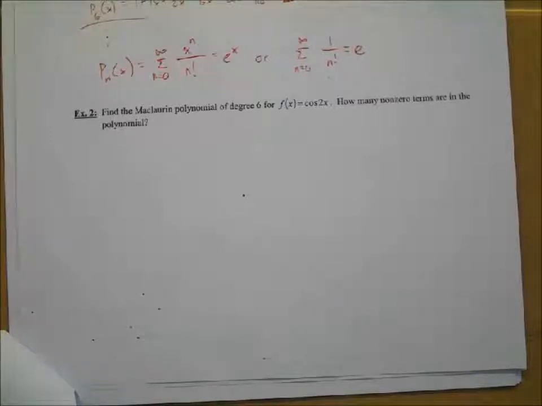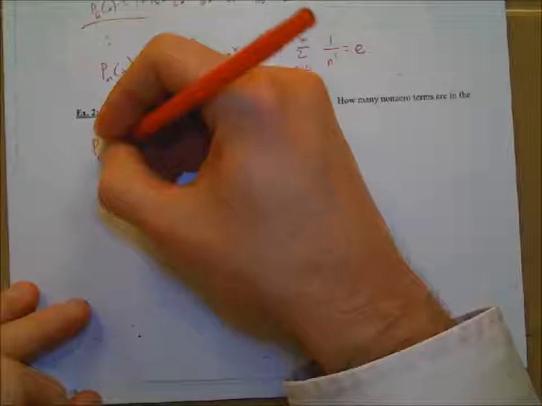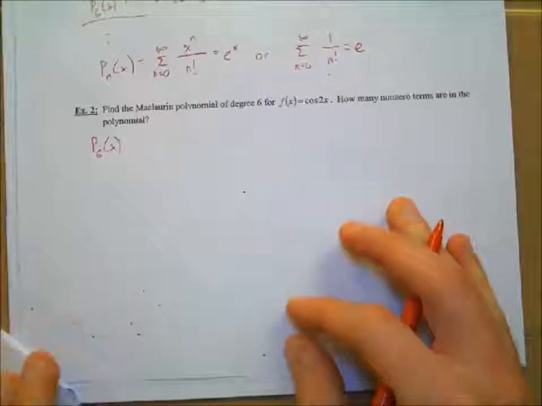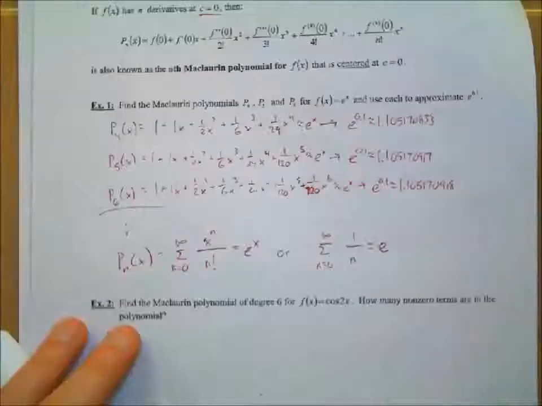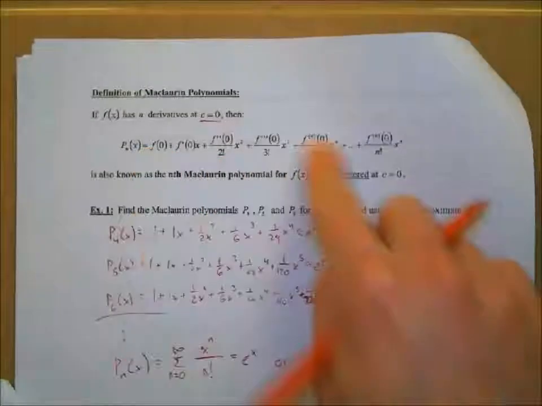So, we're going to have this kind of an interesting question. Well, let's just think about this now. We have to come up with a degree 6 polynomial, P sub 6 of x, and according to our Maclaurin pattern that we saw earlier, we're going to end up with this kind of situation.